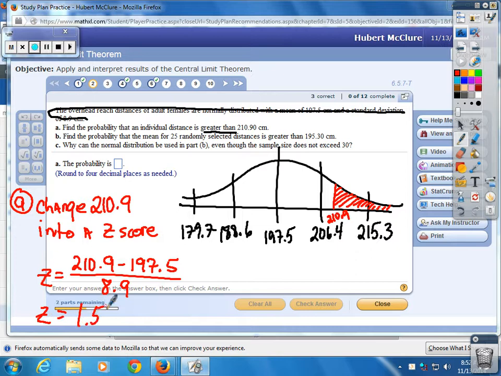So 1.5, take that out right there now and put 1.5.